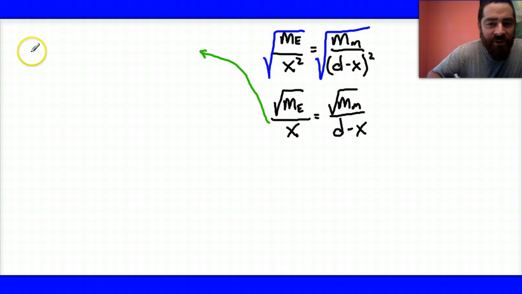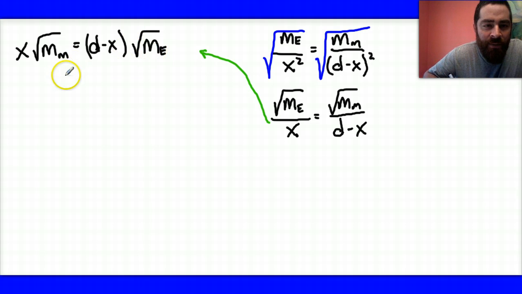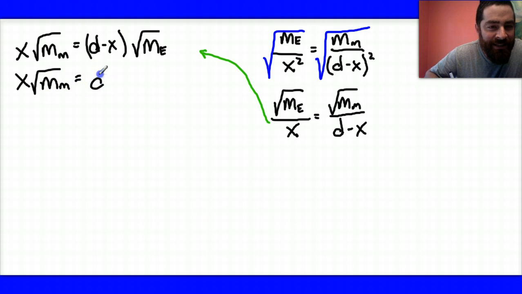When I cross multiply I get x times the root of mass of the Moon set equal to (d minus x) times the root mass of the Earth. Continuing, I'll distribute these terms. I get x times root mass of the Moon is equal to d times root mass of the Earth minus x times root mass of the Earth.